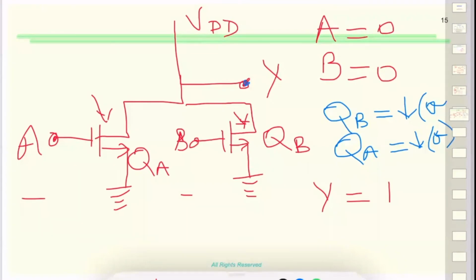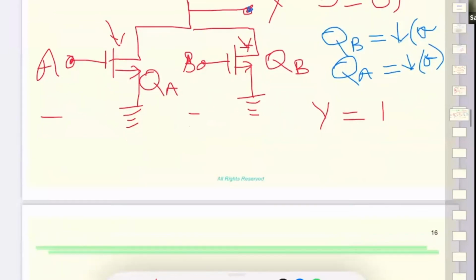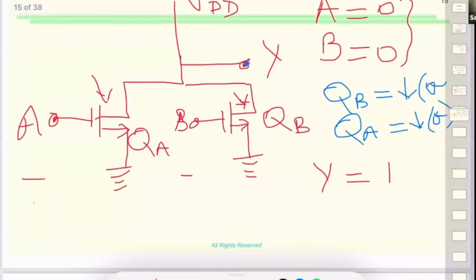Now let's change one of the inputs to be high. I say A is equal to 1 and B is equal to 0. What do we get here? One of them is high, one of them is low. So we can say B is equal to 1 and A is equal to 0.